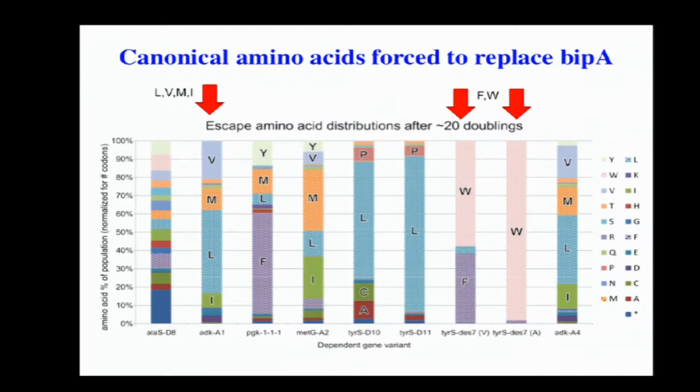And so the ones we've been talking about here, W, tryptophan, is what will substitute for BIPA. That kind of makes sense. It's the biggest amino acid. And that works for the tyrS, which happens to be the tRNA synthetase. And then we picked this other one, this big red arrow, for ADK, adenylate kinase, where there's very little tryptophan that will work in that one, but you get some escapees if you force it to take these hydrophobic aliphatics like leucine.